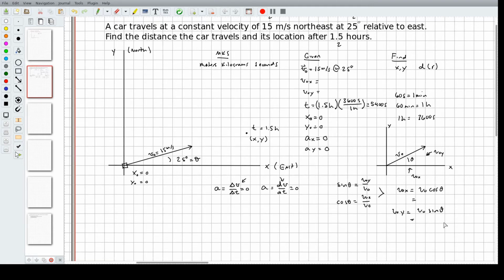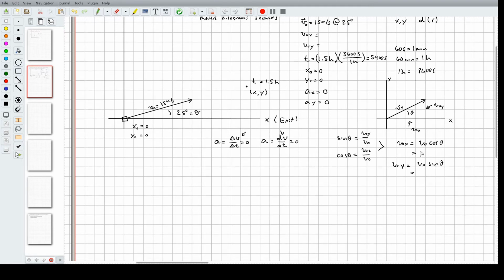Now, let me scroll this down just a touch. So let's plug our numbers in here. V naught is 15 meters per second. This is going to be cosine of 25 degrees. This is 15 meters per second, and this is going to be sine of 25 degrees. So let's plug these into our calculator.